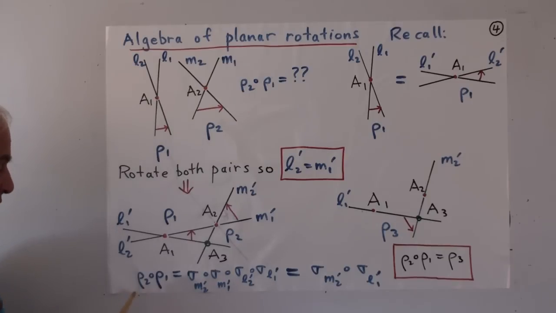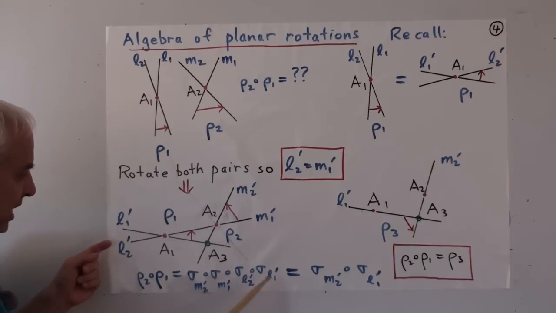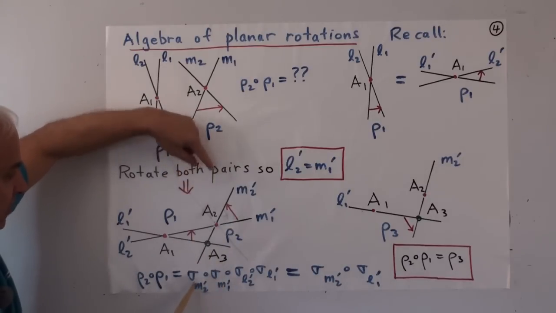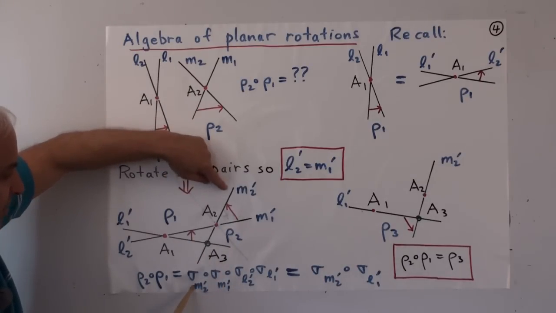So in other words, algebraically, the rotation R1 followed by the rotation R2 is going to be the composition of the reflection in L1 prime followed by the reflection in L2 prime. That's what rho 1 is. And then rho 2 is reflection in M1 prime followed by reflection in M2 prime.